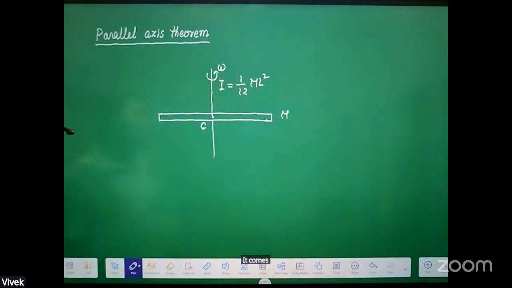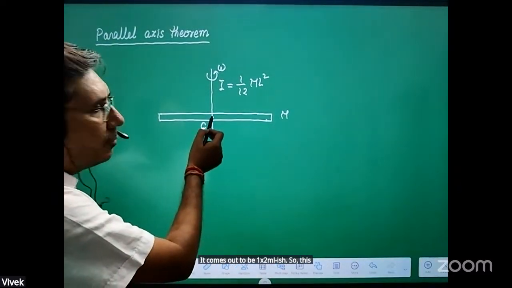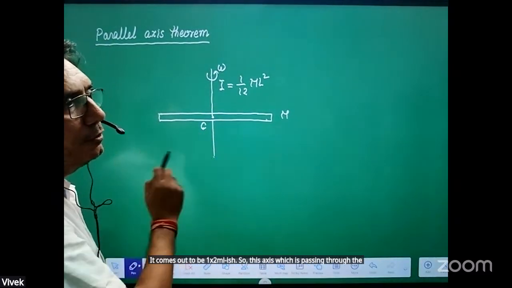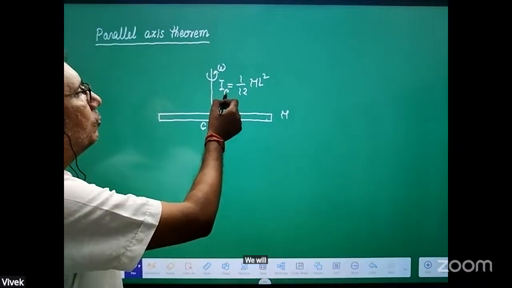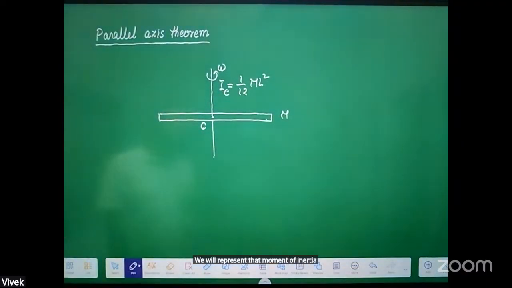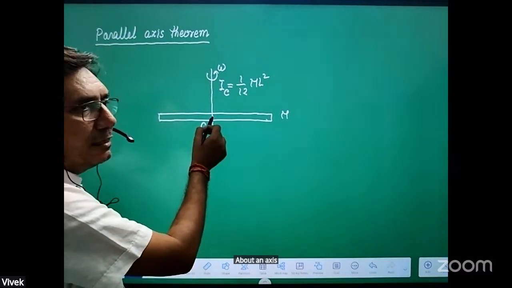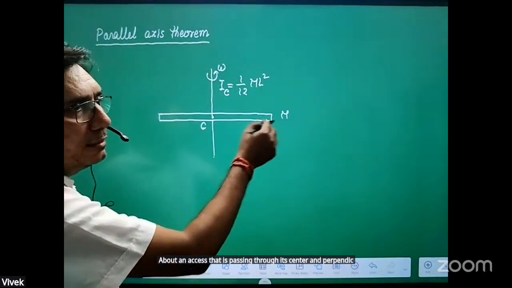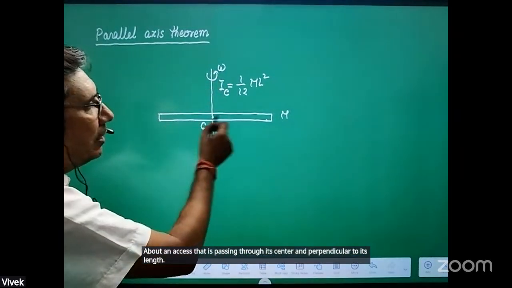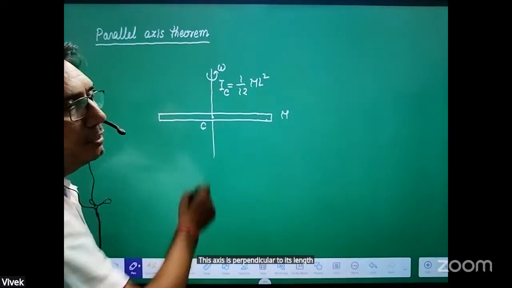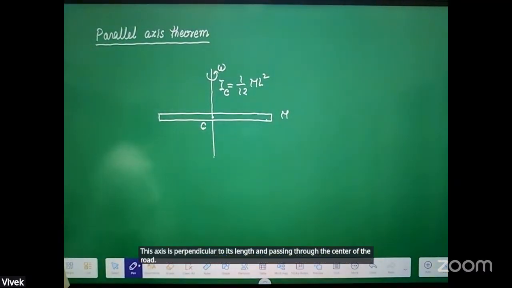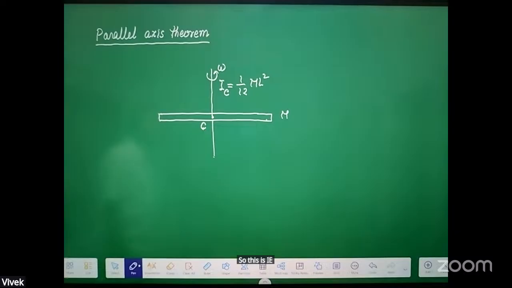This axis, which passes through the center of mass of the object, we will represent that moment of inertia by IC. So IC is the moment of inertia of this rod about an axis passing through its center and perpendicular to its length. So this is IC, and it is 1/12 ml square.